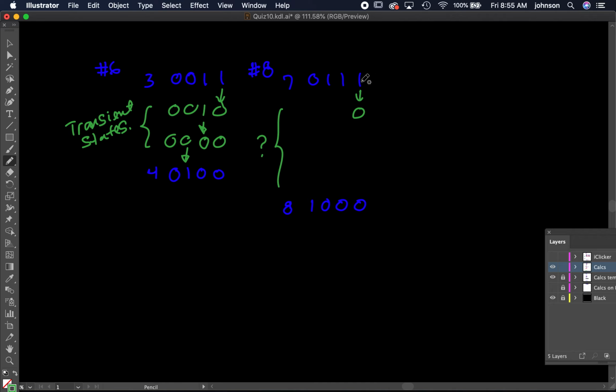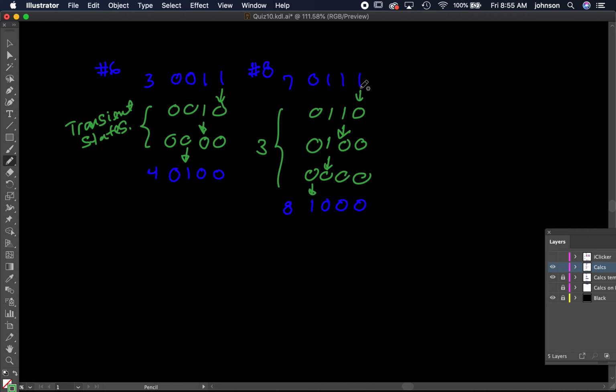So we're going to change, starting with the first flip-flop, from 1 to a 0, keep the other ones the same. Change the second flip-flop, 1 to 0. By the way, it doesn't have to be changing from 1 to 0. It could be the other way around as well, from a 0 to a 1. Now we're going to change the third one, and then finally we change the last one. So the answer to question number 8 will be there are 3 transient states.